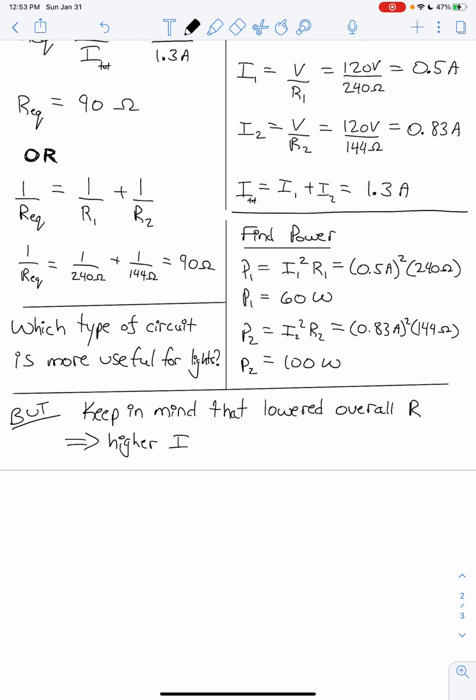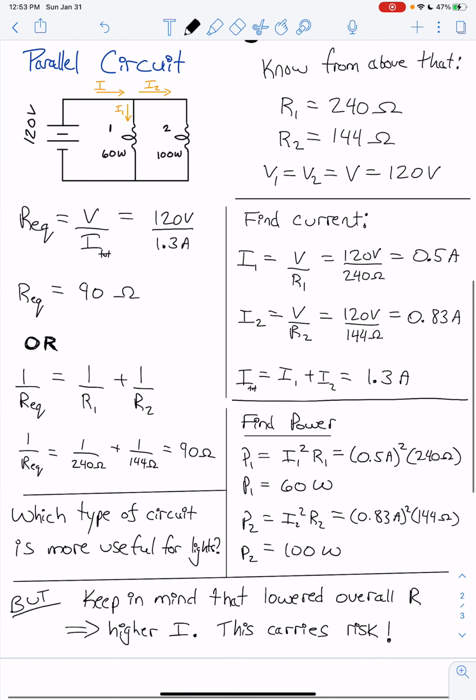And that higher current enabled us to have that higher power. This carries risk. Could you do this ad infinitum? Could you just keep adding more and more parallel lights?